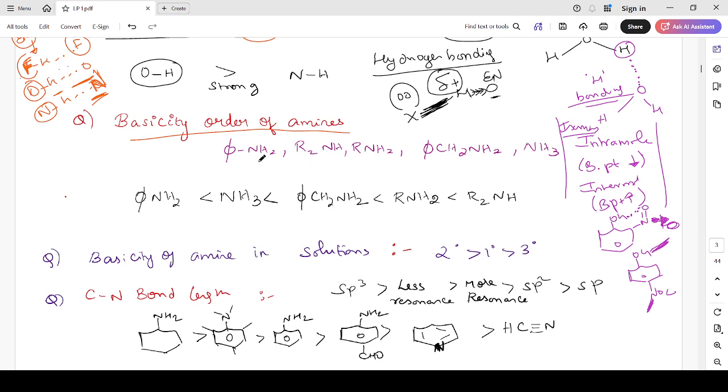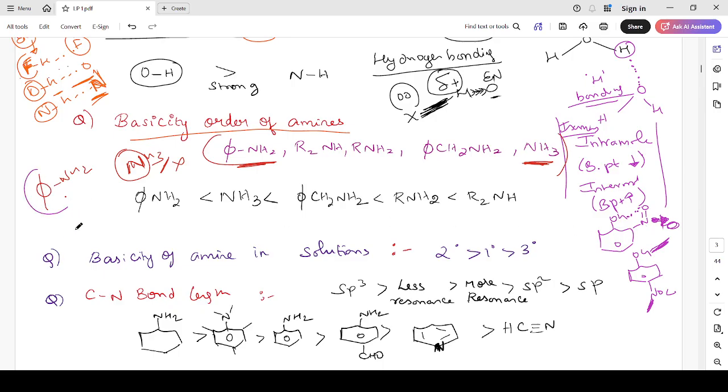We are discussing the basicity order of the amines, as we discussed already. Look at this order here. I have ammonia, I have aniline here, this is NH2, and I have NH3. Here, this nitrogen has not got bonded with any characteristic electron withdrawing or electron donating group. We know very well hydrogen never comes into play itself.